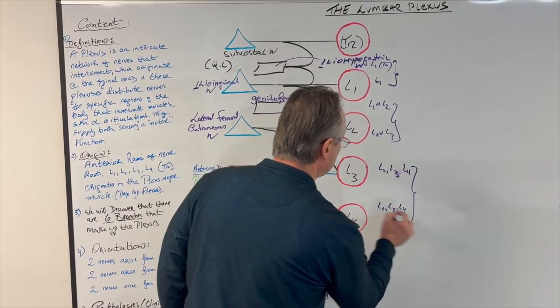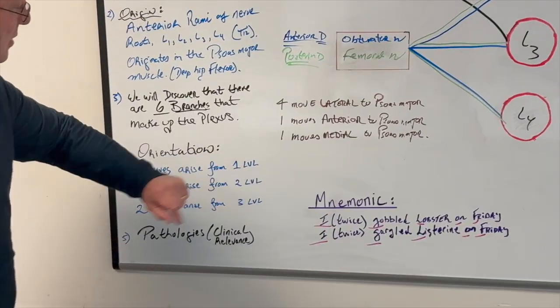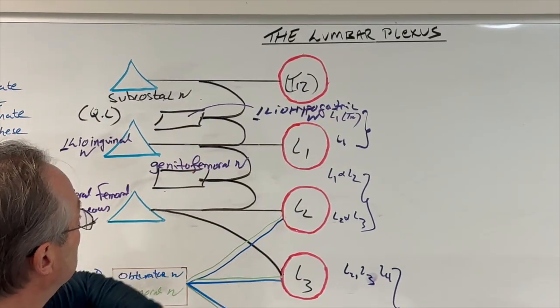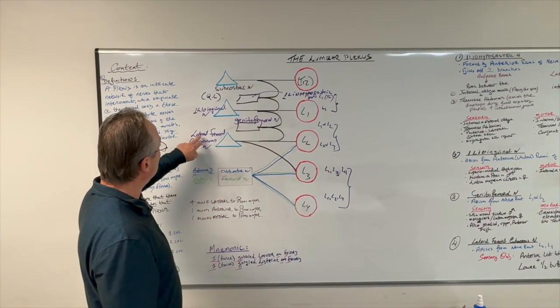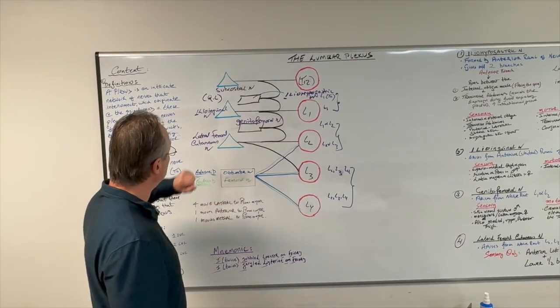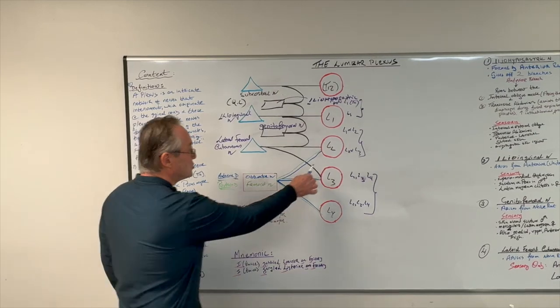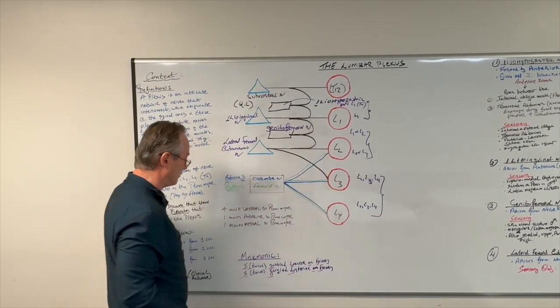So that's exactly what we said down here. Two nerves arise from one lumbar vertebral level, iliohypogastric, ilioinguinal. We have two from two levels, the genitofemoral nerve and the lateral femoral cutaneous nerve. And then, of course, two from three levels, the obturator nerve and the femoral nerve.